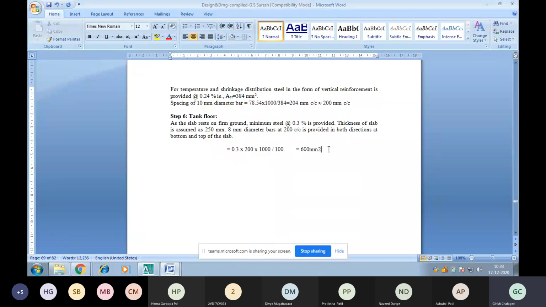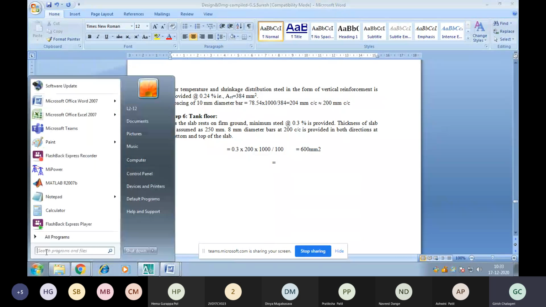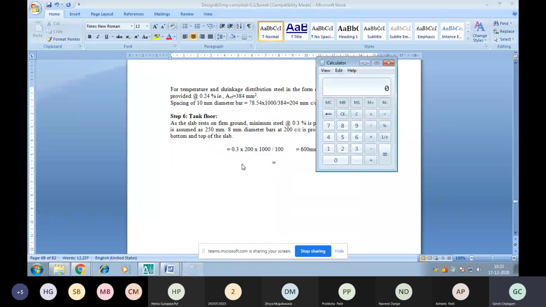So what could be the spacing if you use 8 mm dia bars? 8 mm dia means the area of bar will be 8 into 8 into 3.142 divided by 4.